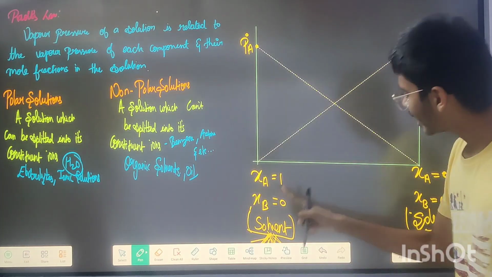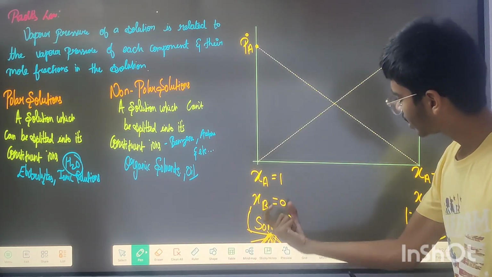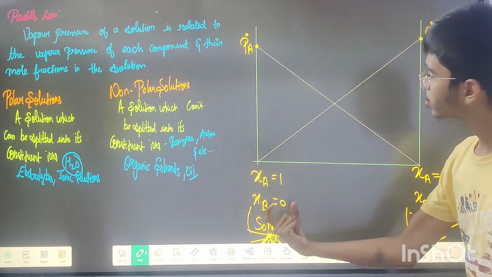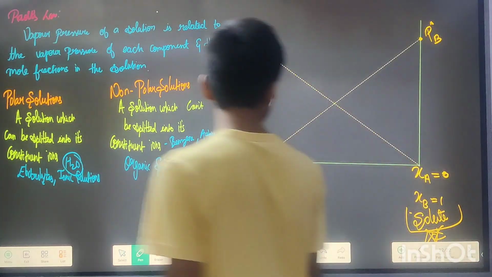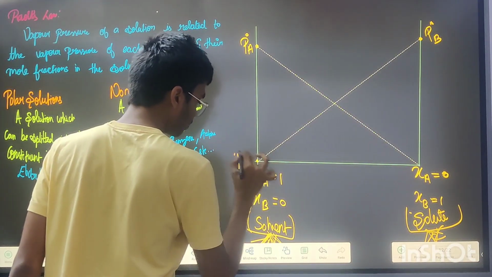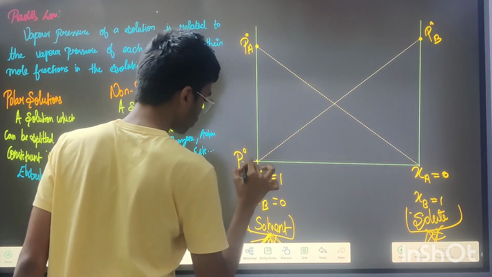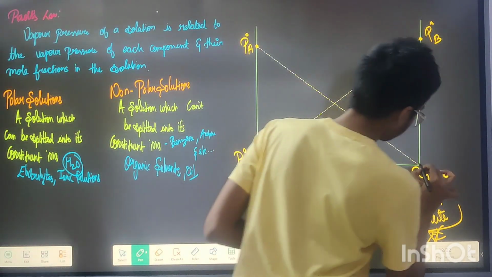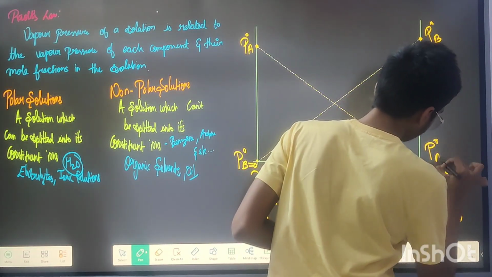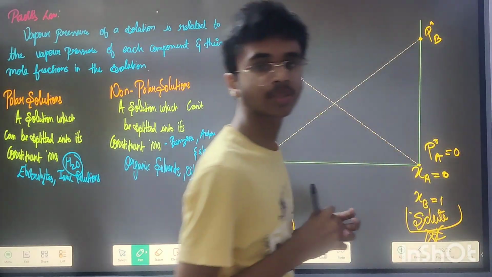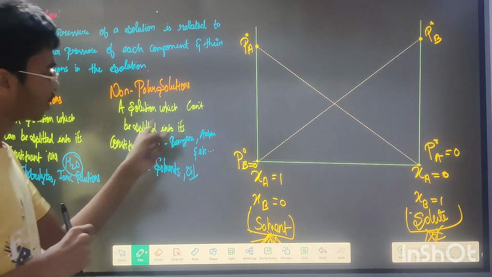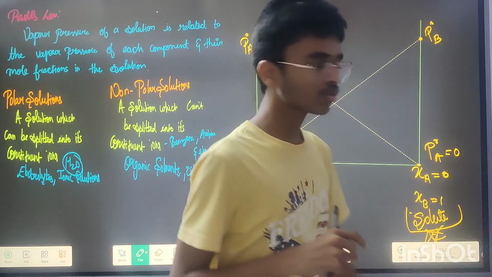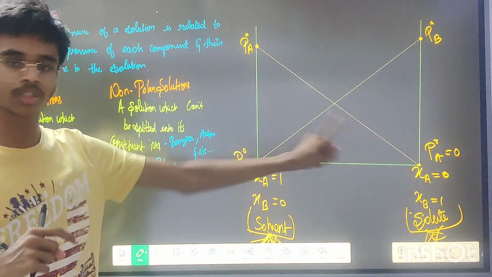See, XA is there, right? Here XB is actually 0, so that means P naught B is also 0. Here P naught A is also 0, right? So these two are 0.